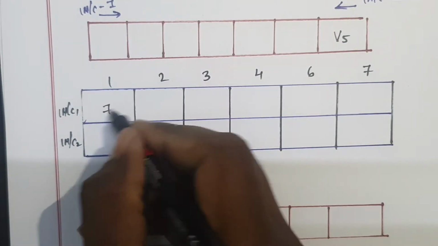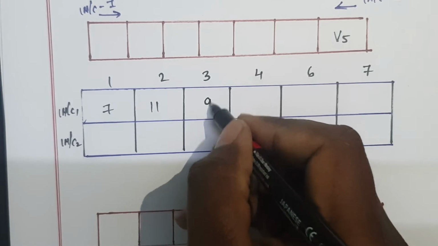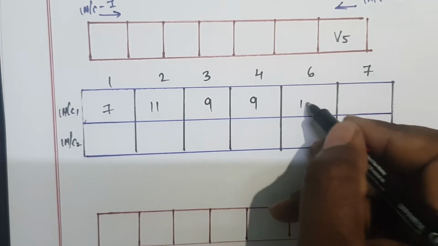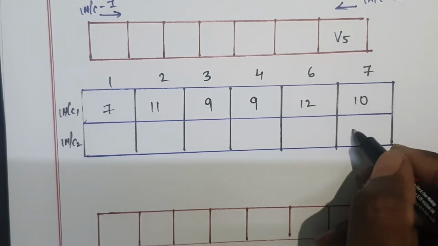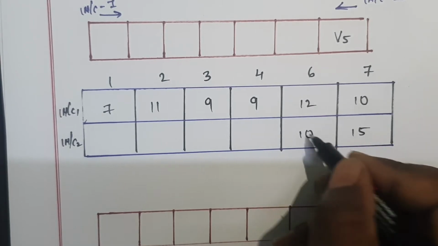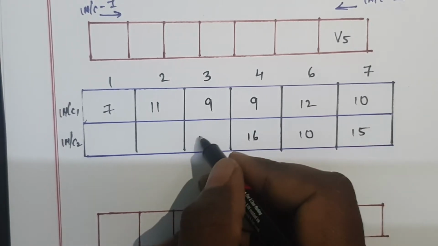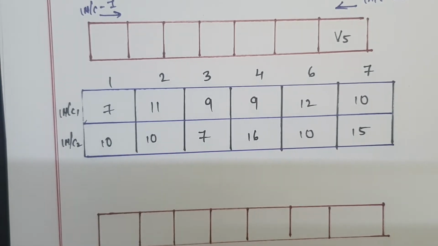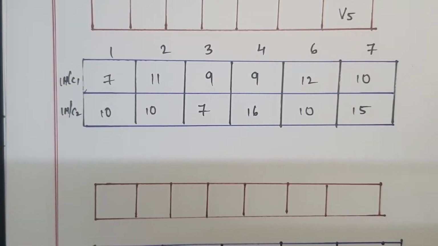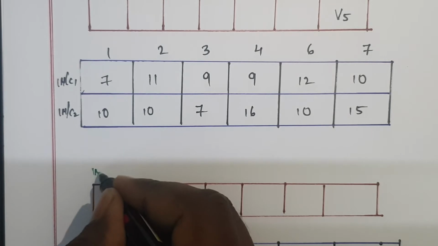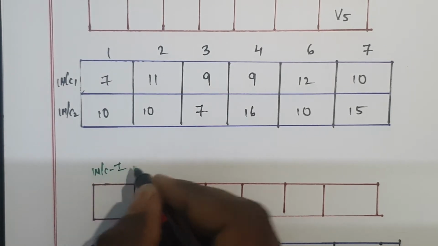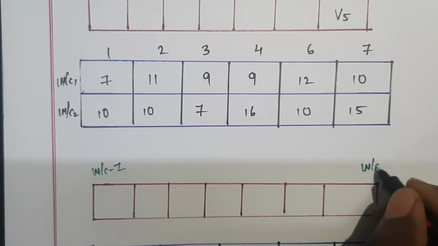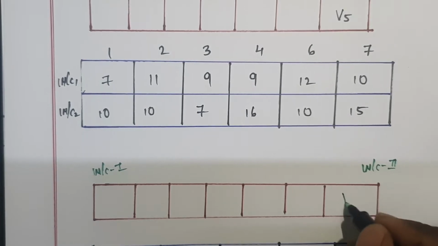Now, next is 7, 11, 9, 9, 12, 10, and here 15, 10, 16, then 7, then 10, then 10. After getting this, what do you have to do again? See here, this is WC1, and this is WC2, and here you got the value V5.